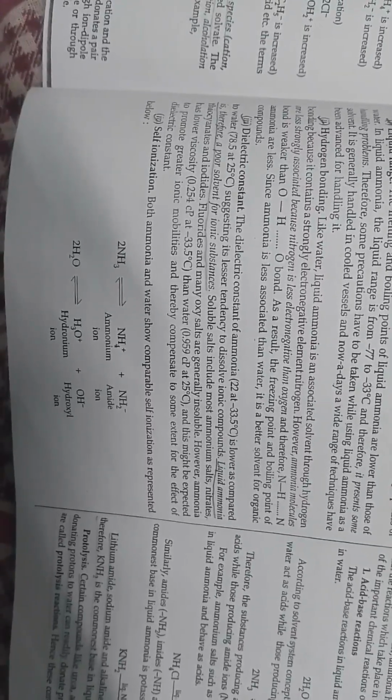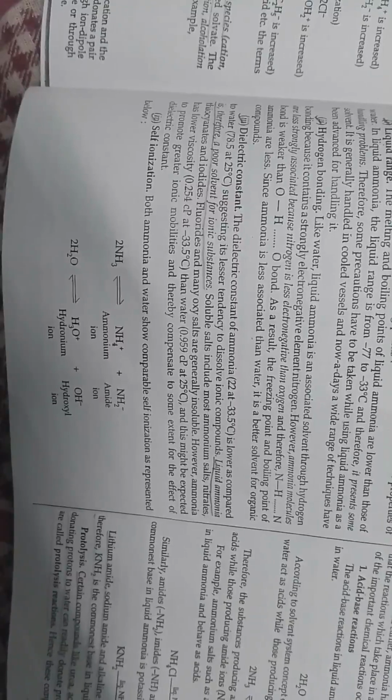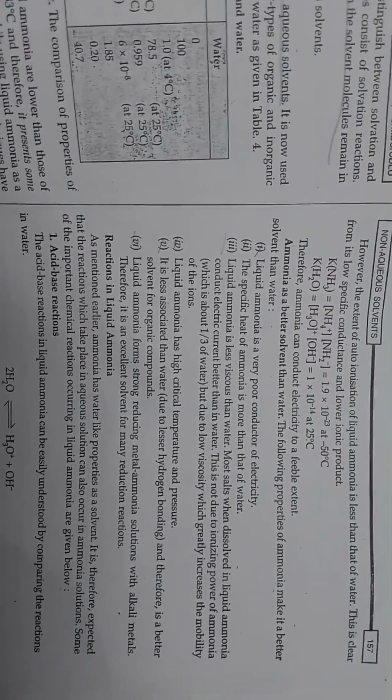Number 4. Self-ionization. Both ammonia and water show comparable self-ionization as represented below. 2NH3 gives NH4 plus, the ammonium ion, plus NH2 minus, the amide ion. 2H2O gives H3O plus, the hydronium ion, plus OH minus, the hydroxyl ion. However, the extent of autoionization of liquid ammonia is less than that of water.